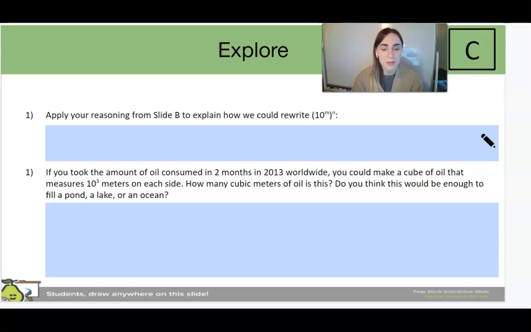How many cubic meters of oil is this? Do you think this would be enough to fill a pond, a lake, or an ocean? So this problem is asking you to do 2 things. Number 1, connect back to what we know about volume, so you know what to do with that 10 to the third meters. And finally, you're going to be thinking about, okay, well, how big is that number? And how does that relate to these other bodies of water that you know about?